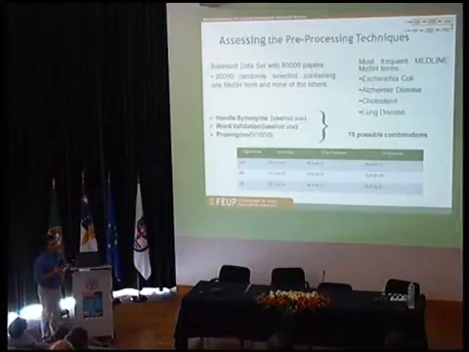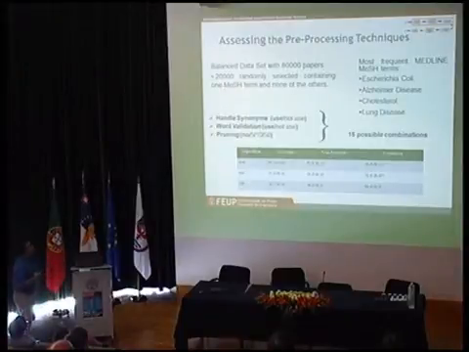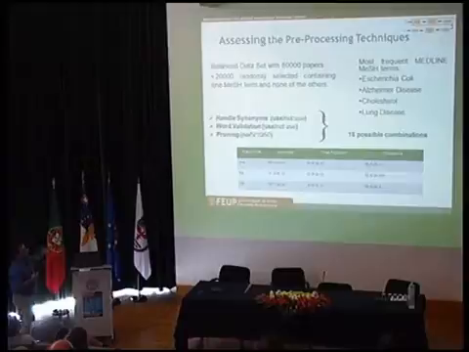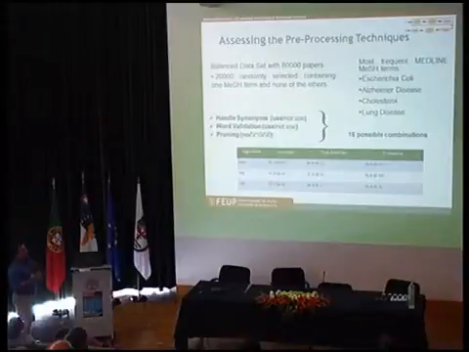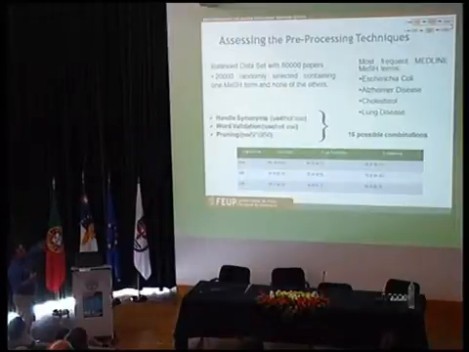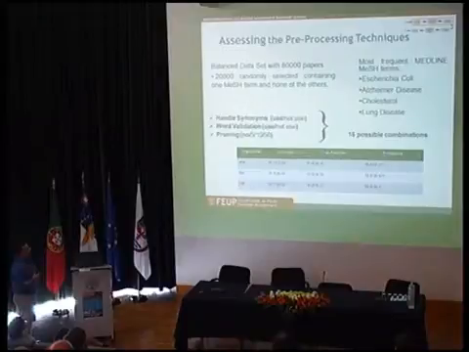To evaluate this pre-processing, we made a testing data set with MeSH words from Medline with the 4 MeSH terms that are on the right side, and we took 2,000 papers from each MeSH word, and so we have an 8,000 papers data set.